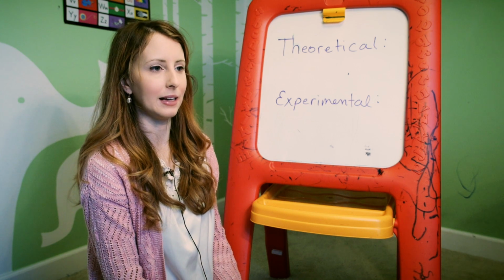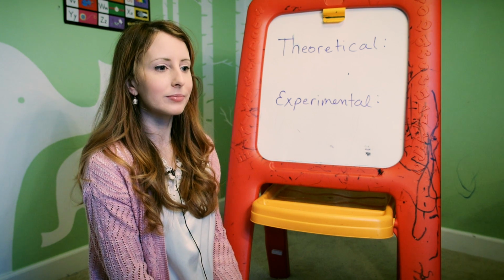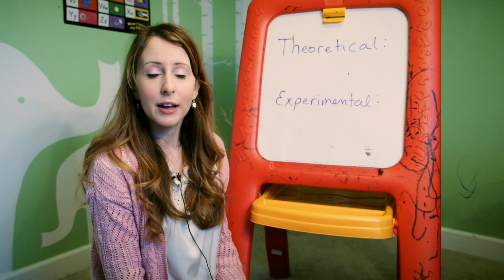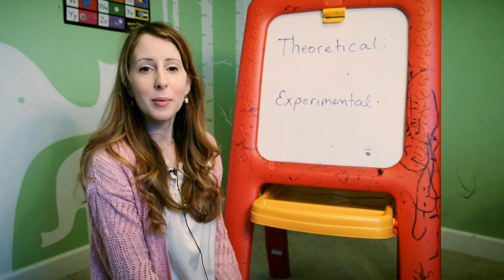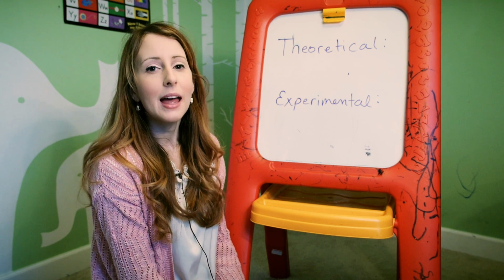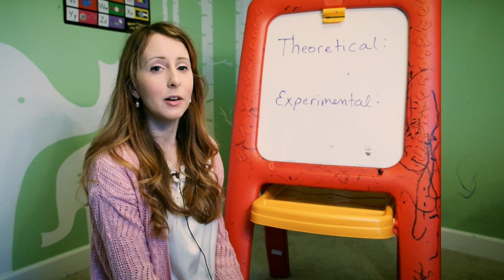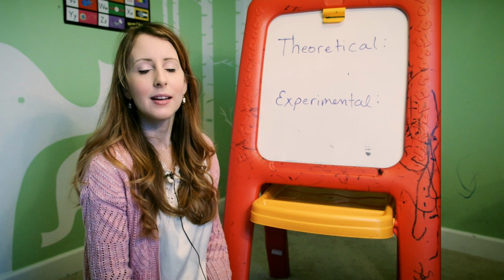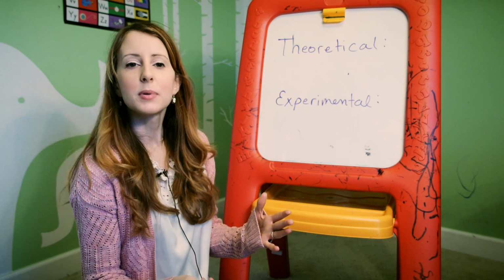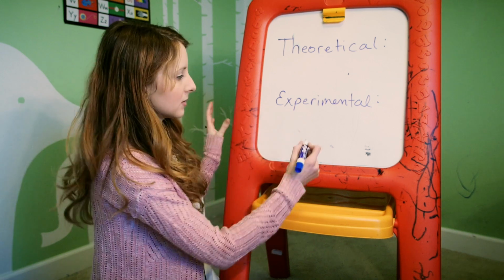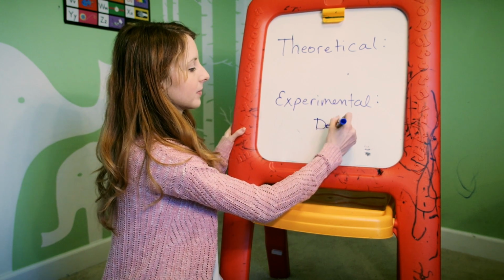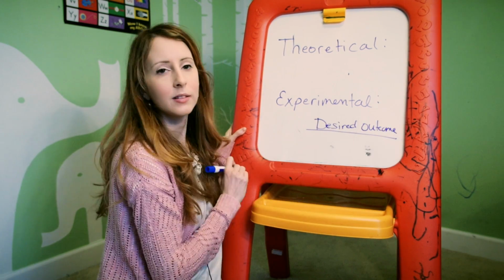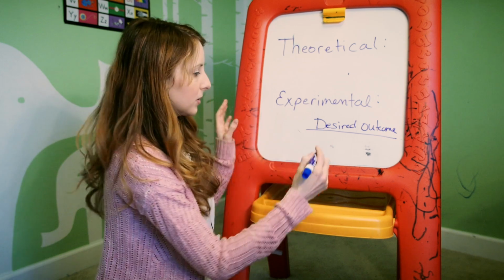Or what's the probability that you go to Taco Bell and they're all out of chalupas? Or what's the probability if you're playing a board game, you roll the dice and you roll a 4? It can be anything. Probability is just looking at the ratio between what you want to happen, so your desired outcome, over the total number of outcomes possible.